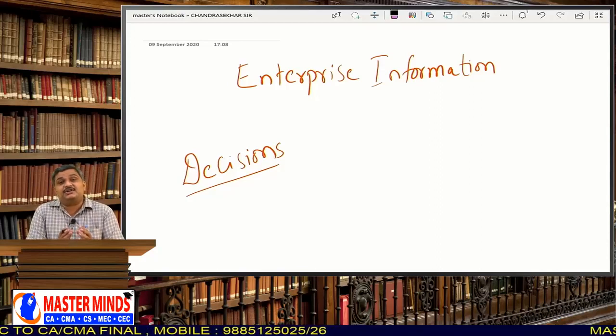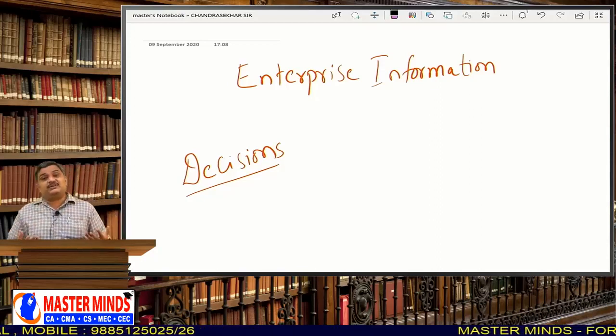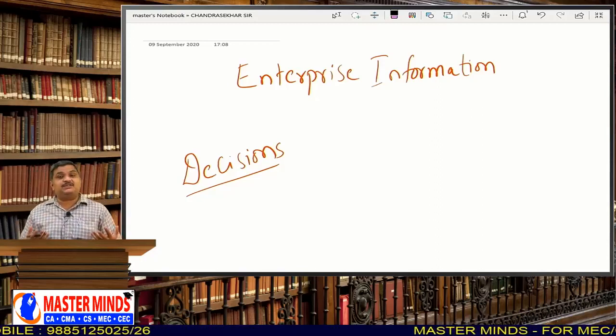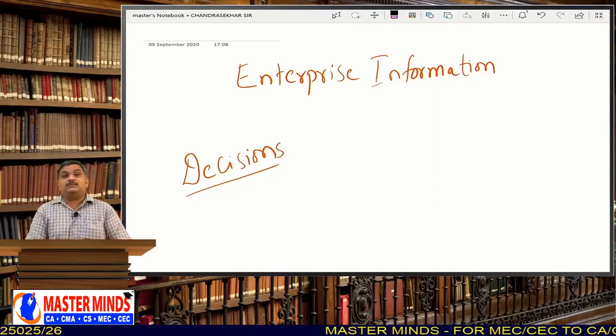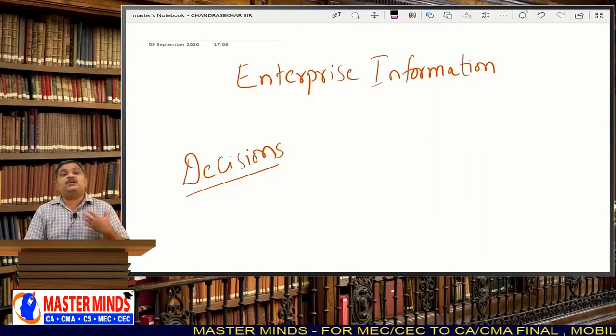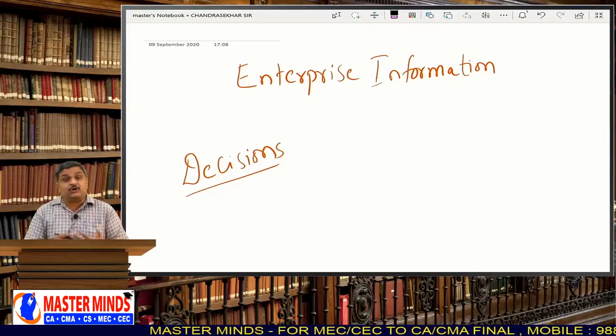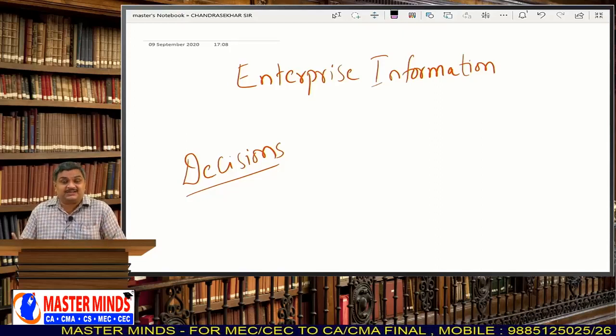Decision making is very important in any organization. And how will you make the decisions? You have to make the decisions based on good knowledge. In order to make a decision, a decision maker should have good knowledge regarding the issue about which he is making a decision.